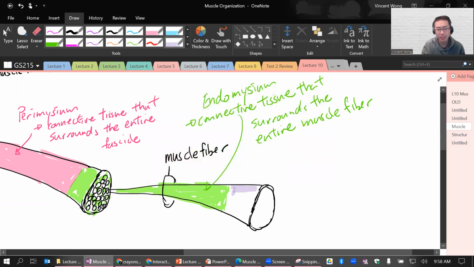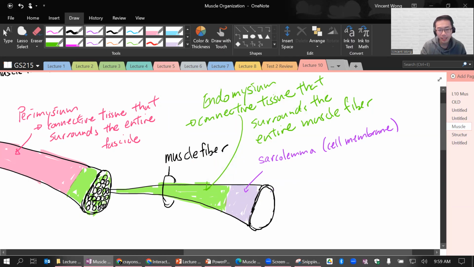So surrounding the muscle cell is going to be, of course, the cell membrane. If you peel away the endomysium, the connective tissue, you will immediately see the cell membrane, and the cell membrane is called the sarcolemma. And the cytoplasm is called the sarcoplasm.